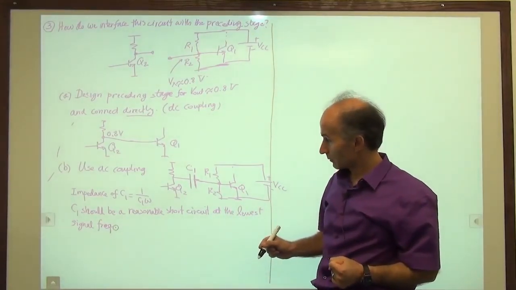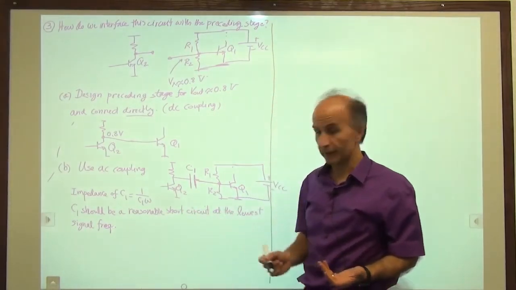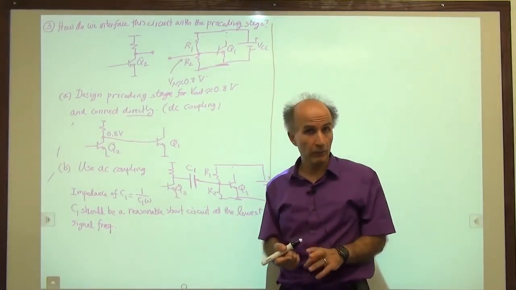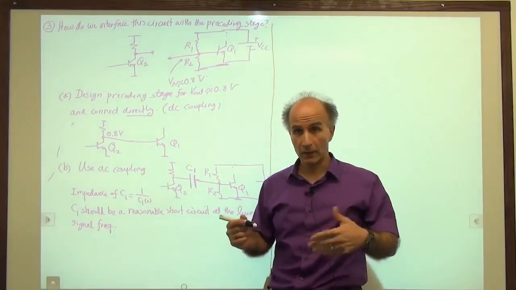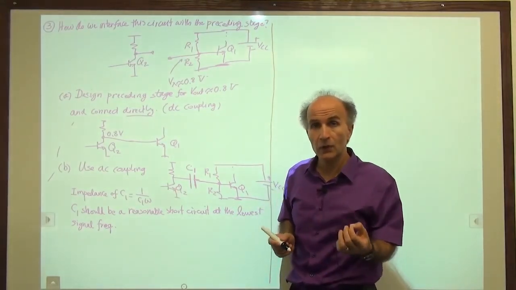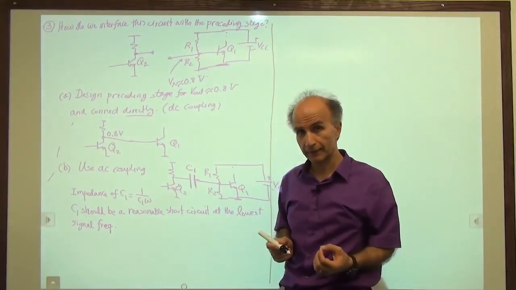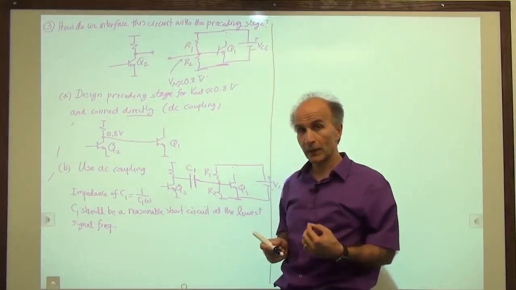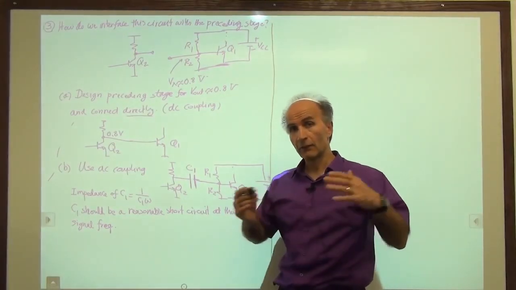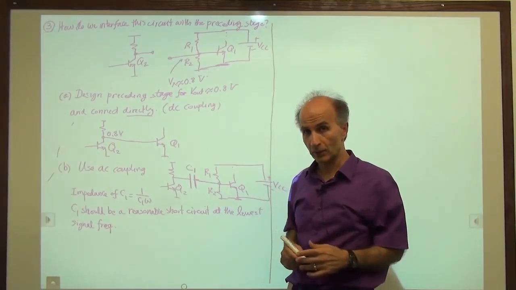Okay, so what do we mean by a reasonable short circuit? 1 ohm, 10 ohms, 100 ohms, 1 kilo ohm? What constitutes a reasonable short circuit? Well, it has to be in comparison to the environment in which the capacitor is used.